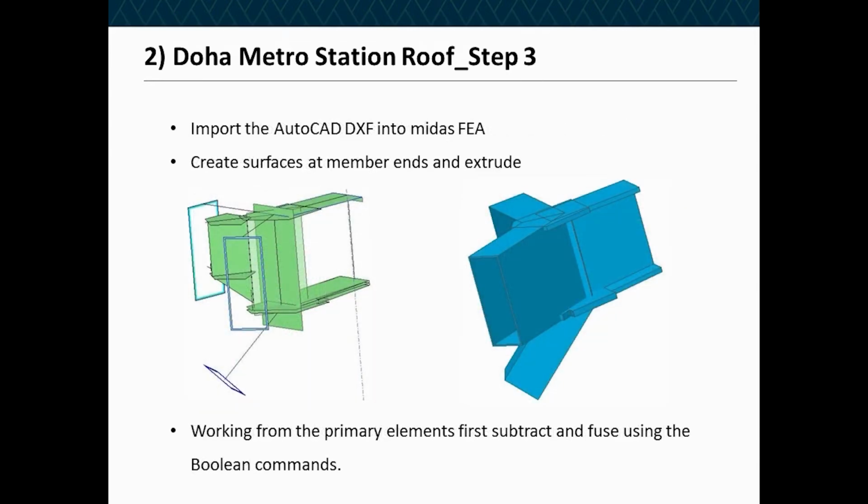Once we're in FEA, we can then create a series of surfaces from that line data that we have rationalized and effectively extracted from the MIDAS Civil model. Okay? And being very, very careful, and I'll go on to a few top tips for solid modeling in just a moment, we would ultimately extrude those surfaces to create the three-dimensional shapes.